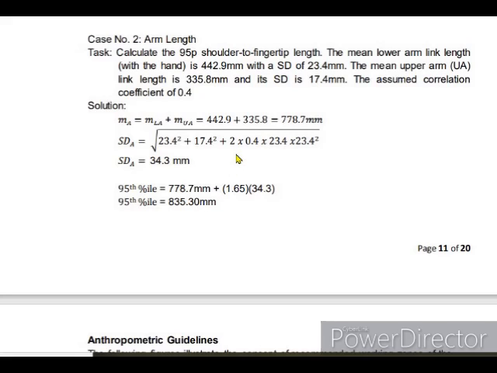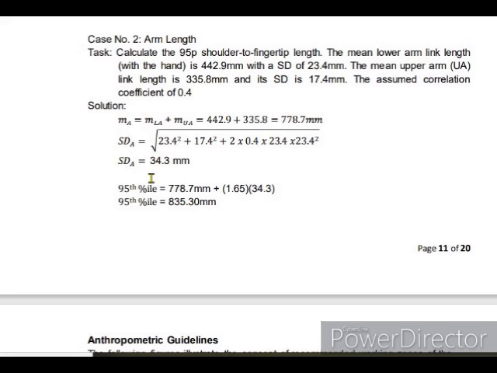So you can go back to the formula, the upper part of the module. So number 2 there is a constant, and 0.4 is the r, or the correlation coefficient. And of course, 23.4 is the SD, and 23.4 again is the SD squared. So you can go back to the formula to check if it is correct. So the standard deviation is equal to 34.3 millimeters.